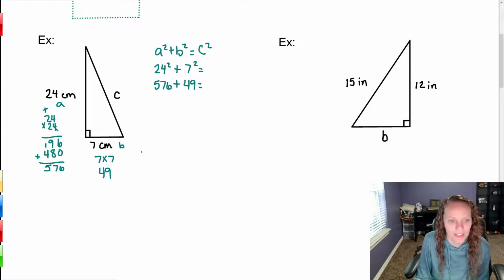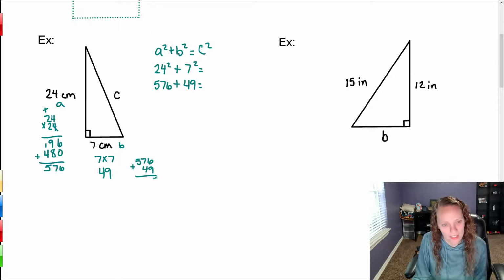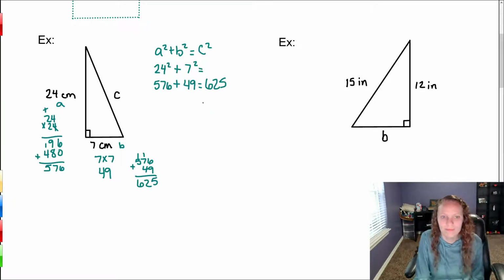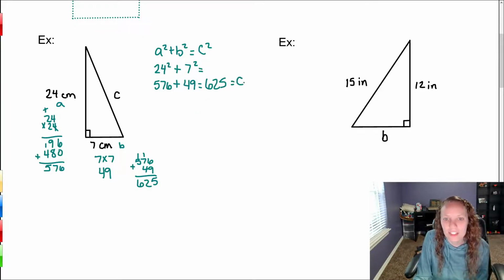So let's add these two numbers up together. 6 plus 9 is 15, 8, 9, 10, 11, 12, and 6. So this is equal to 625. Now this is C squared.